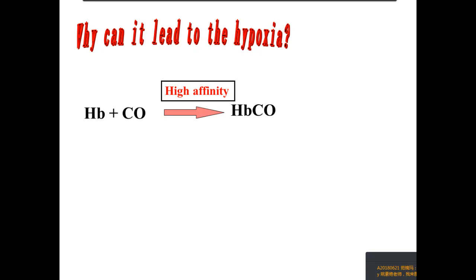The next, carboxyhemoglobin can inhibit glycolysis, so the produced 2,3-DPG will decrease. The saturation curve shifts left, and the affinity of hemoglobin for oxygen increases.